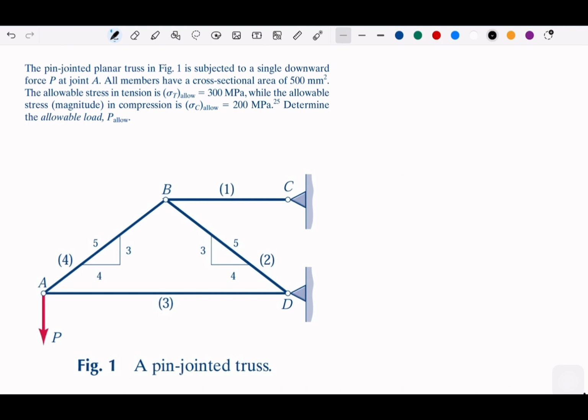So we could write the diagram for the member, or let me just write still here. I don't think we need to make the diagram for this truss.